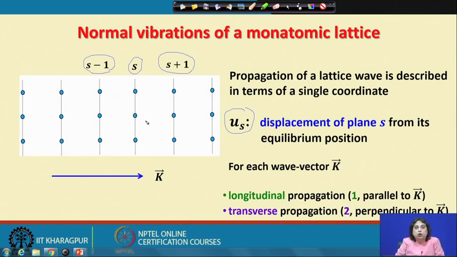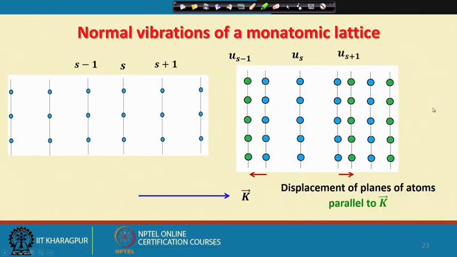There can be a longitudinal propagation, which is the displacement of this plane parallel to the direction of k, and there can be other displacements: one perpendicular to the direction of k in the plane of the board, and the other perpendicular to the plane of the board. Now, let us have a look at what these displacements might look like.